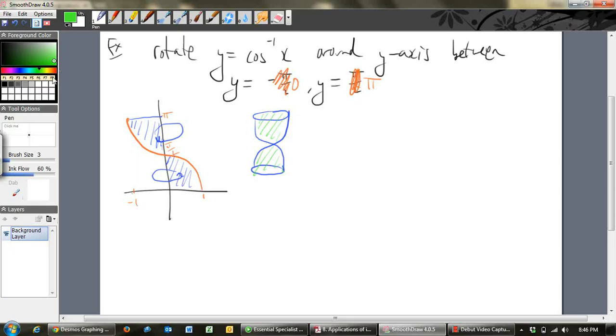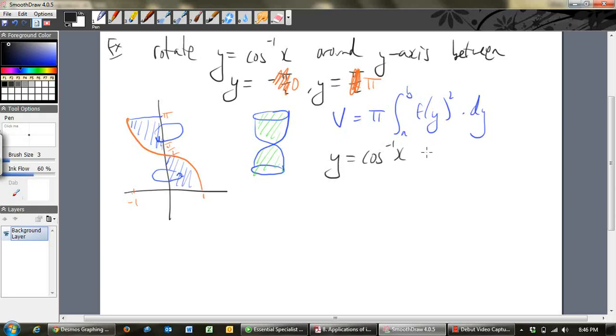So anyway, let's calculate the volume of this guy. The formula is the volume is equal to pi, from A to B of f of y squared dy, because we're rotating around the y-axis. Now, what is our f of y? Well, at the moment we know y is a function of x, so we need to convert that. We know y equals cos -1 x.